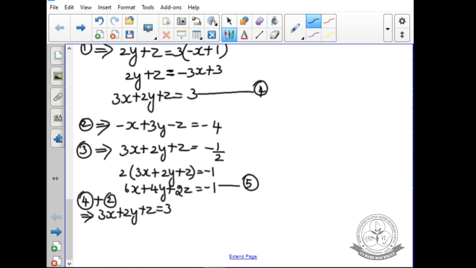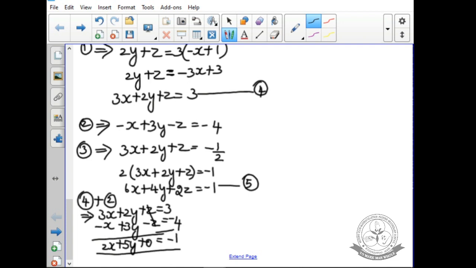Second equation is minus x plus 3y minus z equal to minus 2. Adding these, we get 2x plus 5y, this term gets cancelled, plus 0 equal to minus 1.